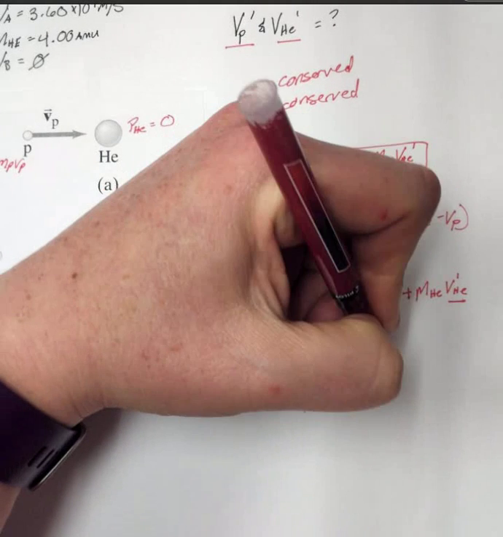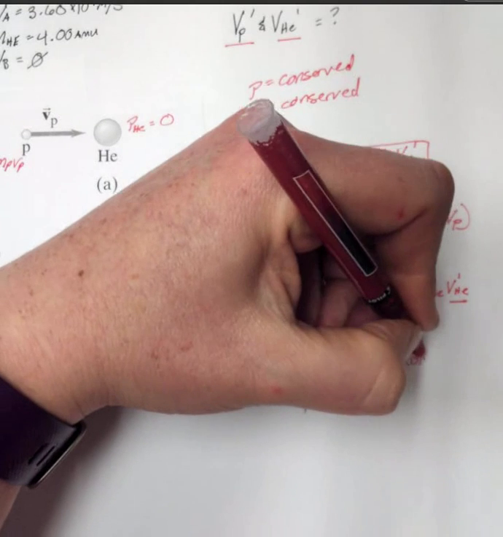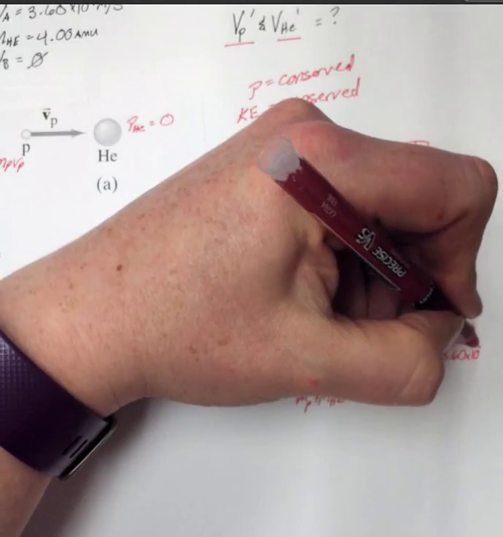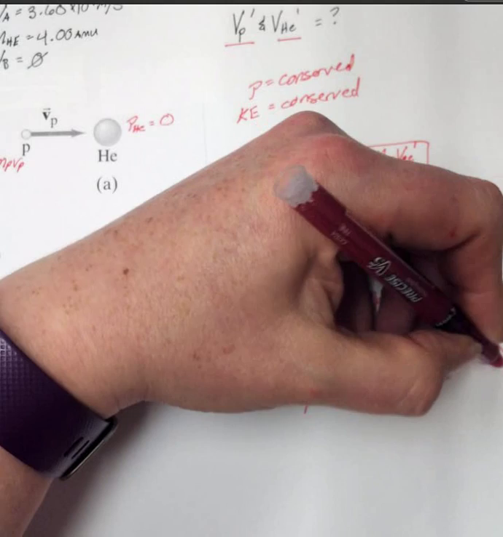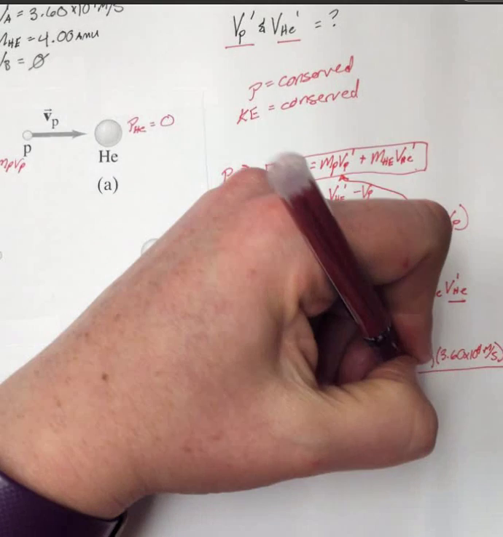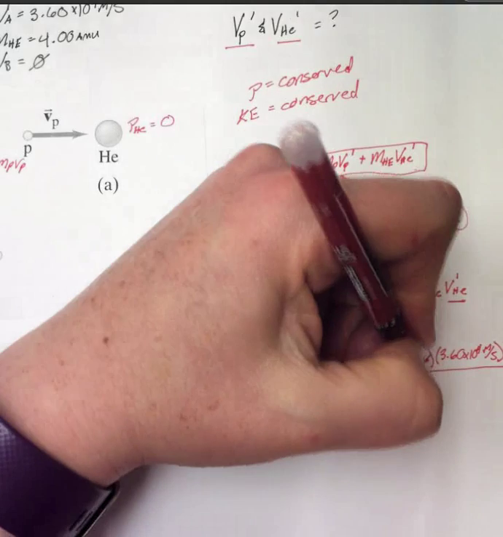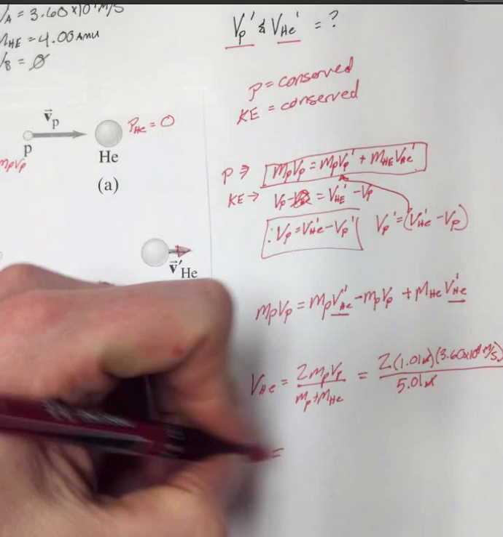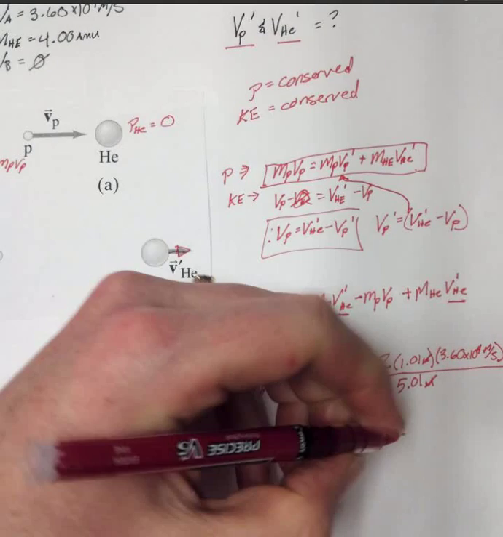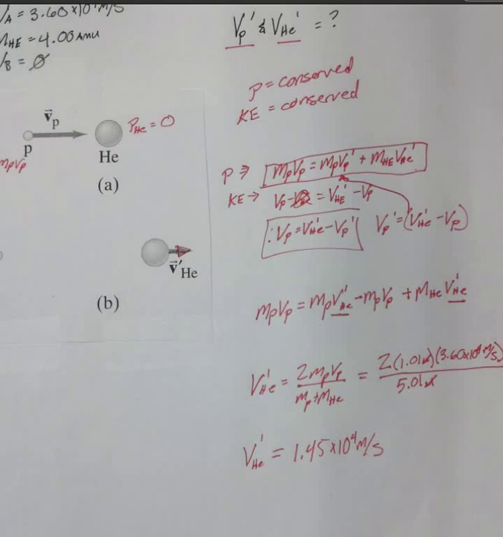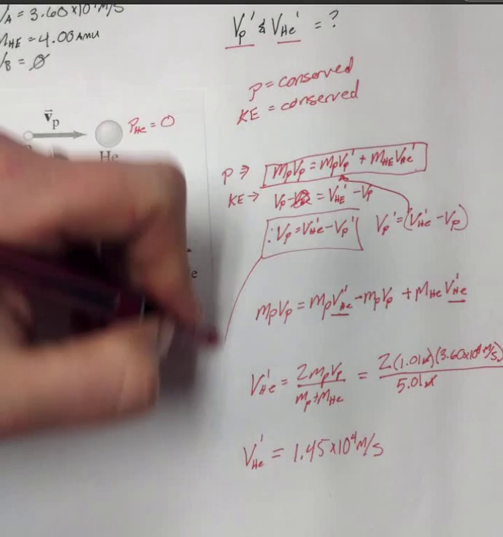And now we have 2 times 1.01 unified atomic mass unit times the velocity 3.60 times 10 to the 4th meters per second divided by the sum of the two masses, 1.01 plus 4, or 5.01 units. When we solve for that, our atomic mass units cancel out, so we didn't need to turn them into kilograms, and we end up getting a velocity for helium after collision of 1.45 times 10 to the 4th meters per second.